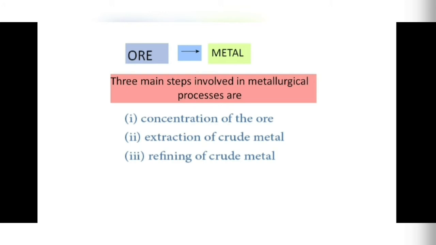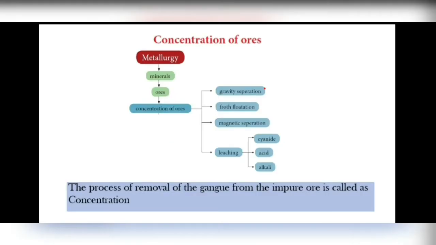In the 3 steps, we have finished the first 2 steps, that is concentration of ore and extraction of crude metal. In concentration of ore, 4 methods are given: gravity separation, froth flotation process, magnetic separation, and leaching.